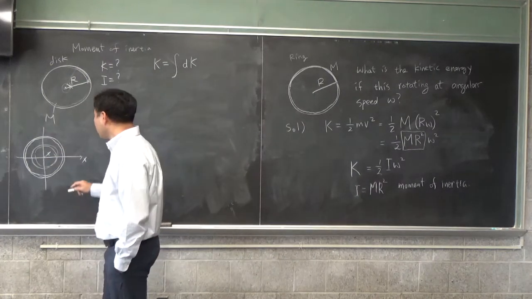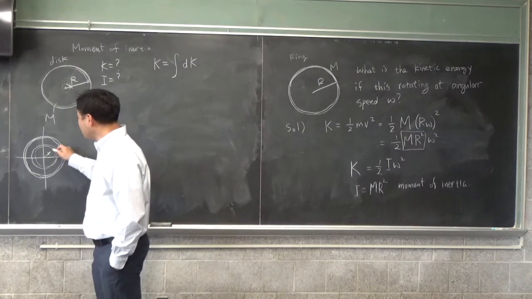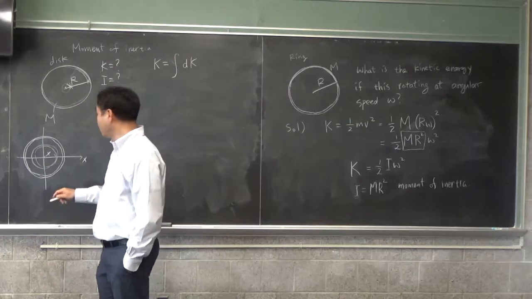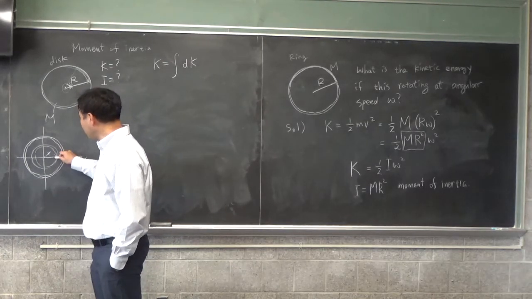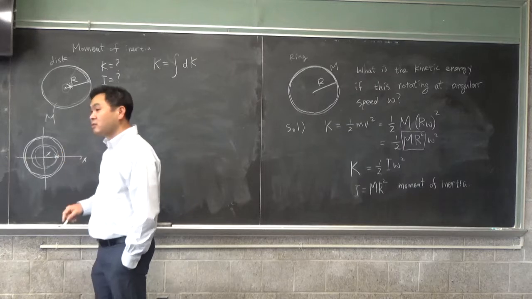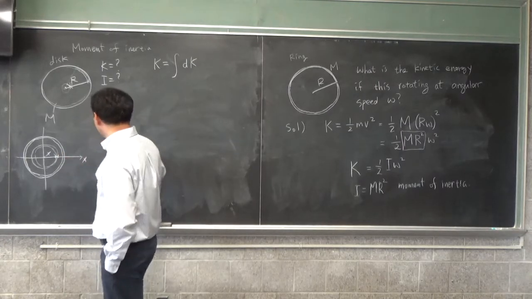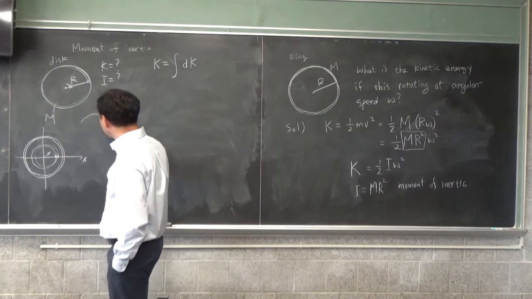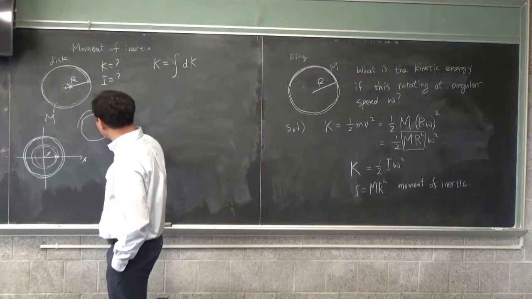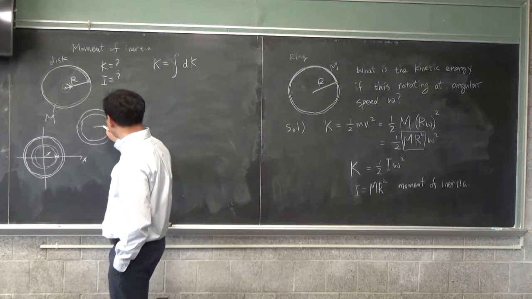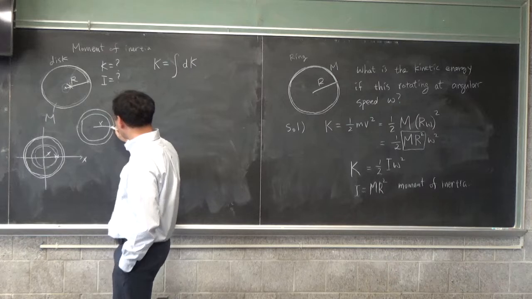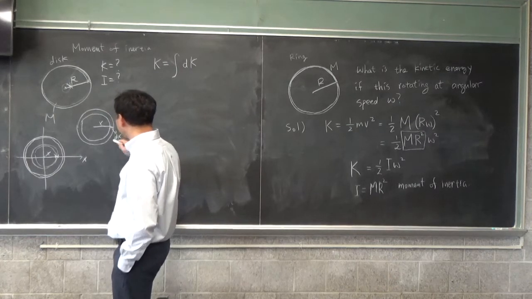If I do that, what is the thickness of this ring? Thickness is this, right? What is that? dx. So here's our picture. In one strip, this is x, and this length right here is dx.